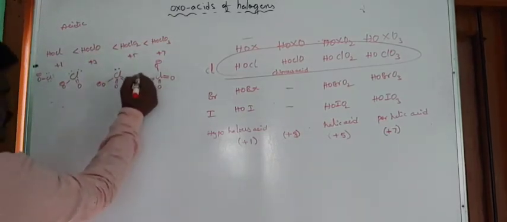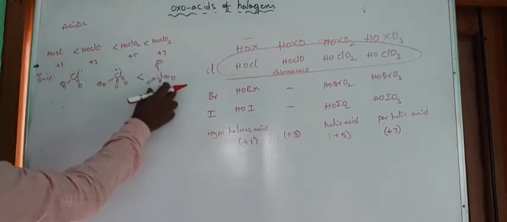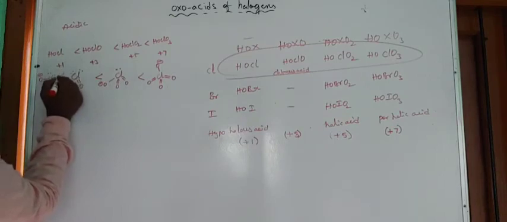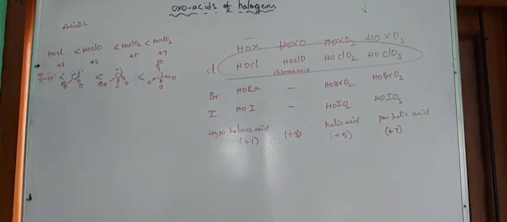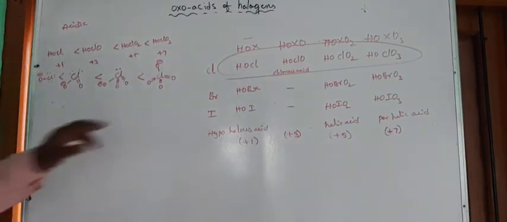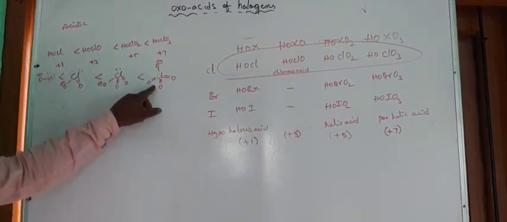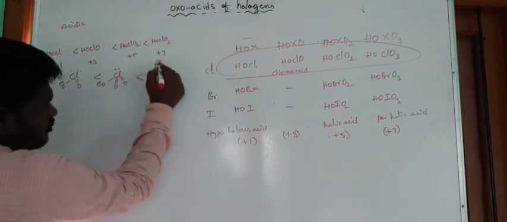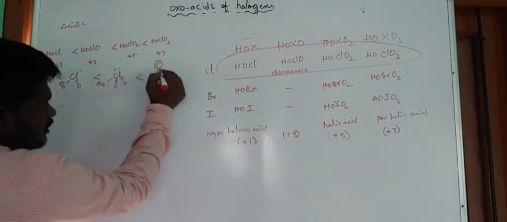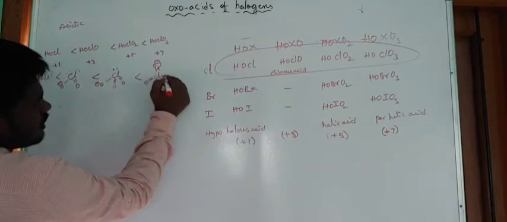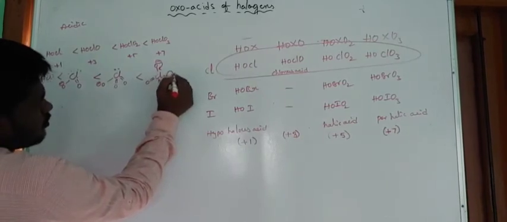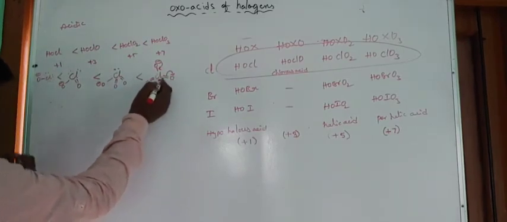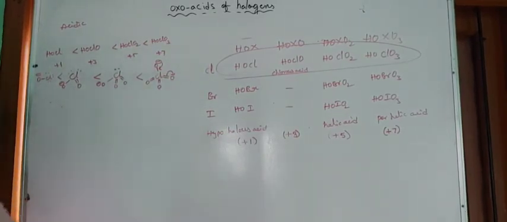So this anion is more stable than the second one, which is more stable than the third one, and the third one is more stable than the last one. For this one, a number of resonating structures are possible. Always this negative charge forms a bond, and from here this pi bond turns into a negative charge, and similarly when the negative charge forms a bond, this pi bond turns into a negative charge.